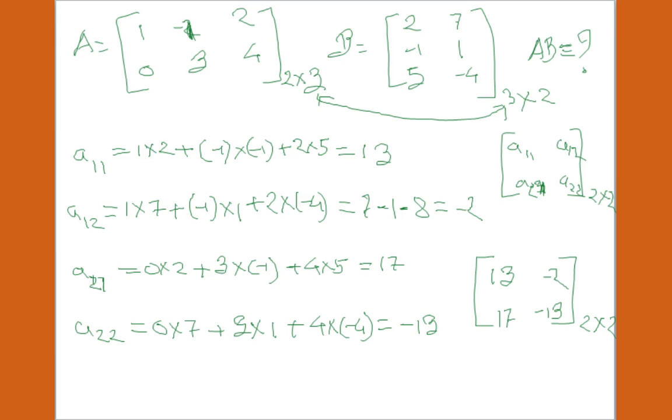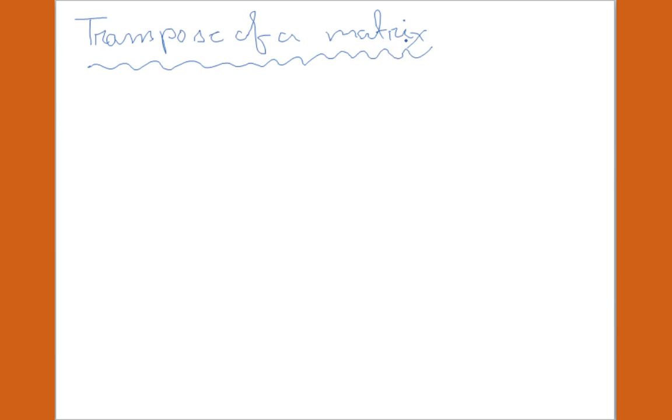So what is the transpose of a matrix? Transpose of a matrix is denoted by A T or A dash.